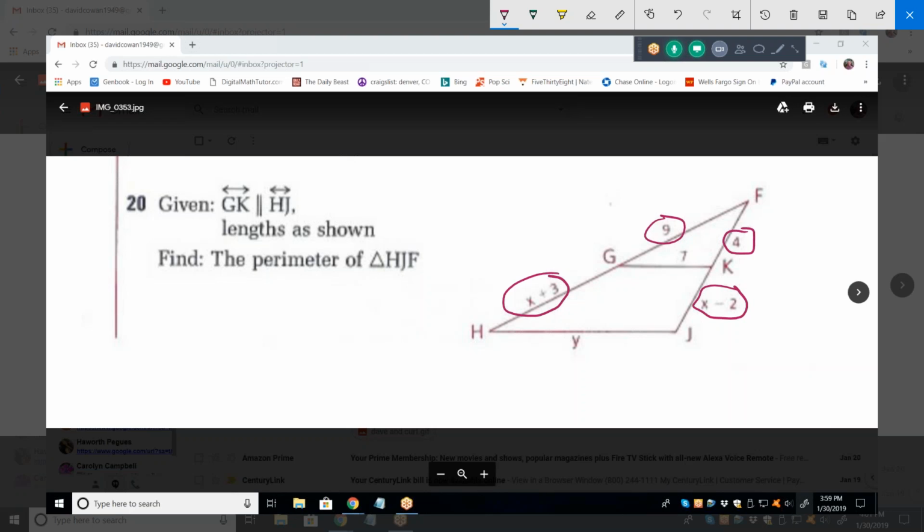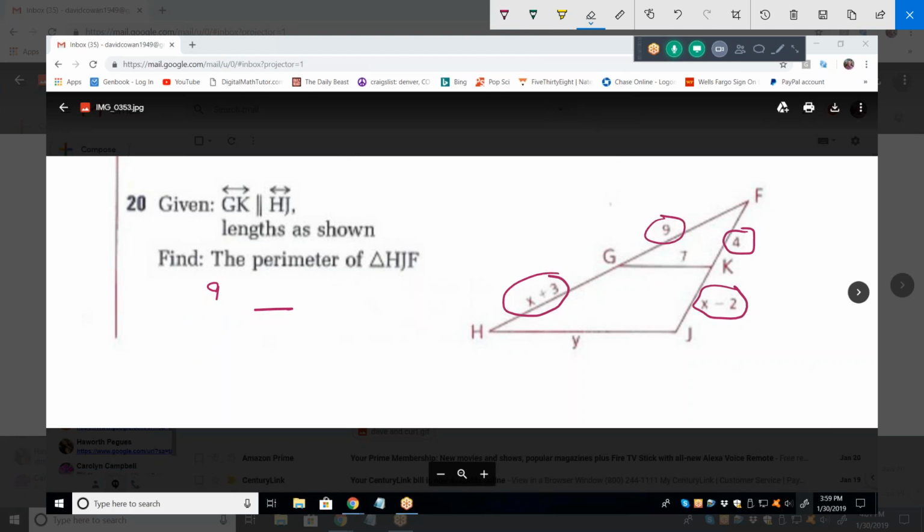Those ratios need to be the same. In other words, 9 over 4 equals x plus 3 over x minus 2?